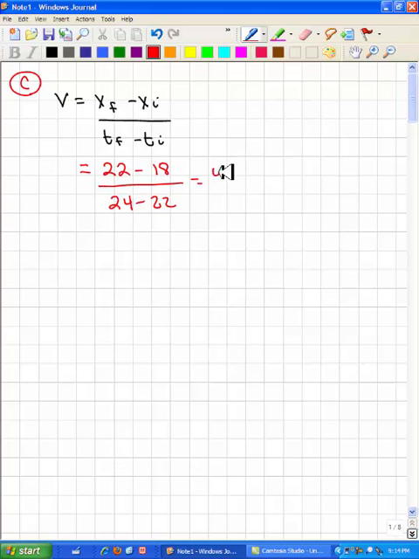That is 4 over 2, which is a positive 2 centimeters per millisecond, or positive 20 meters per second.